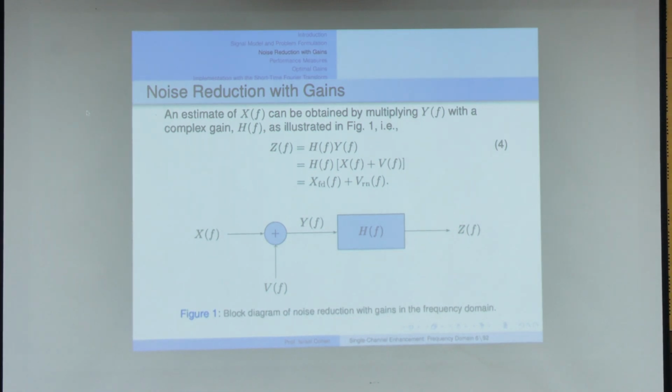So ideally, we want H(f) to be 1 to reduce distortion. On the other hand, we want the residual noise to be as small as possible, low. So we want H to be close to 0 to suppress more noise. So the value of H depends on the performance measures. What do we want to achieve?